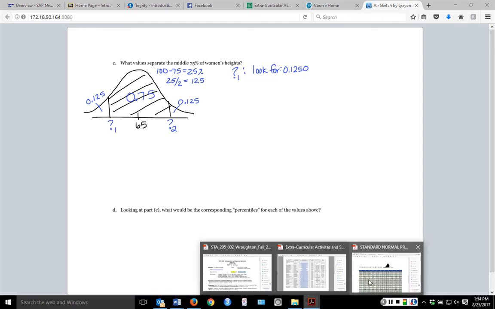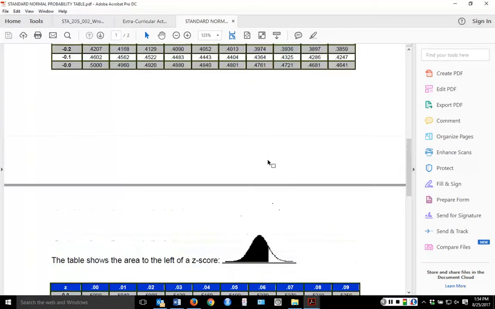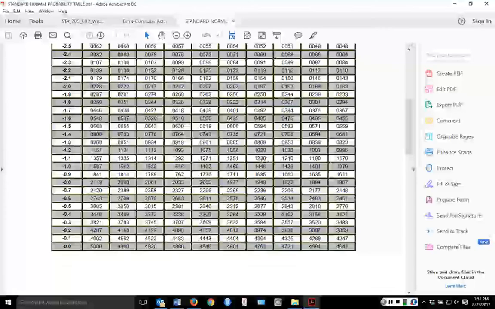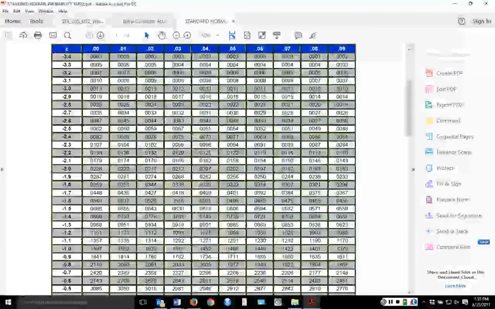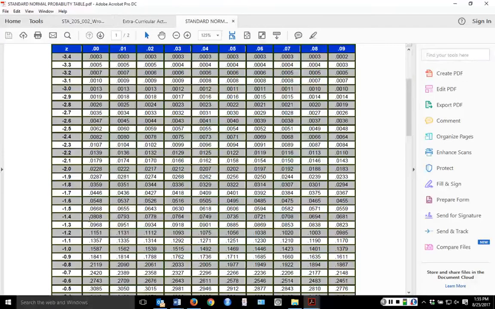I won't find the right number on the wrong side. I'm going down this first column looking for my 0.125. That happens somewhere between my 0.1151 and 0.1357. Work to find the closest thing I can, and I find this 0.1251.